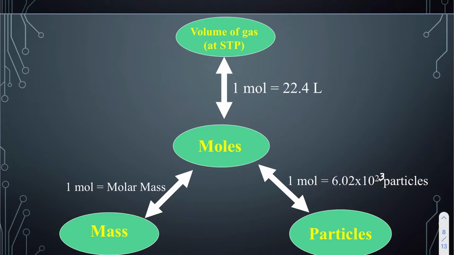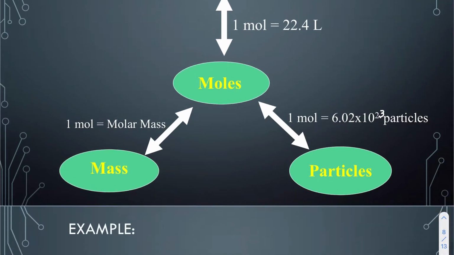So 1 mole equals 6.02 times 10 to the 23rd atoms, or 6.02 times 10 to the 23rd molecules, or formula units. And finally, 1 mole equals the molar mass of the substance in grams, and that's found on the periodic table.